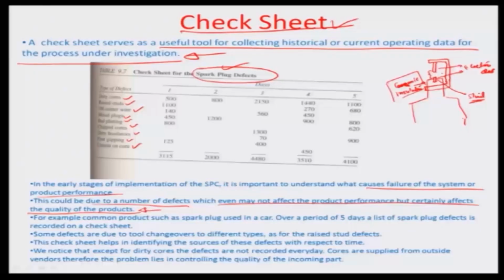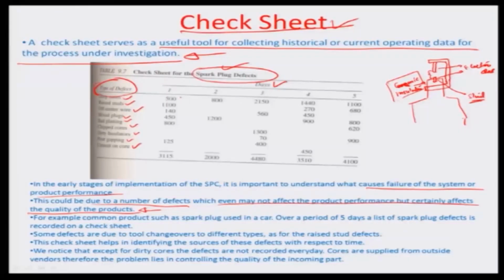So all these different aspects are the different type of defects which are produced while manufacturing these spark plugs. And the purpose of a check sheet is really to record that on a daily basis. For example, if there is some production, how many of these defects are getting generated if it is 100% inspection. So supposing there is a final inspection person related to the spark plug who is actually looking into the quality of these plugs, he would actually try to tally and record the number of occurrences of a certain particular kind of defect, and he is trained to look at this plug and tell what defect really the plug has.